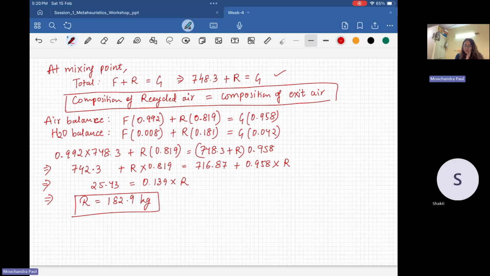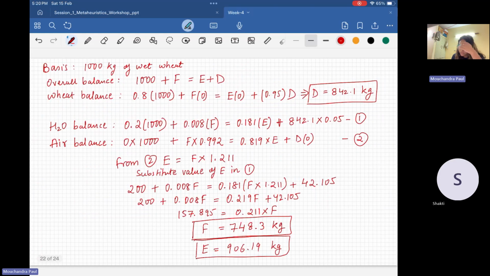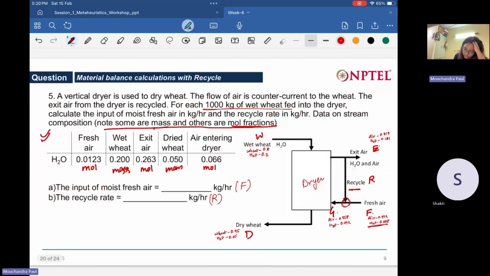The value of R we got, and we can calculate the value of G as well. So it will be 931.2 kgs. So overall, we have calculated almost all the values that are unknown for this particular question. I hope there should not be any doubt.